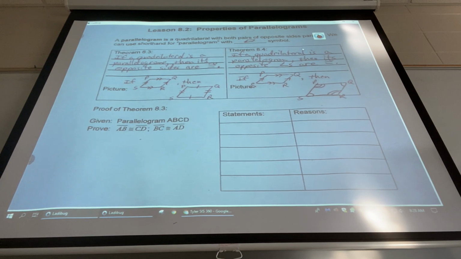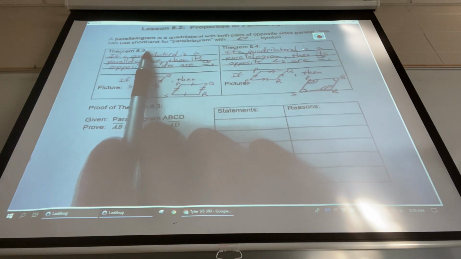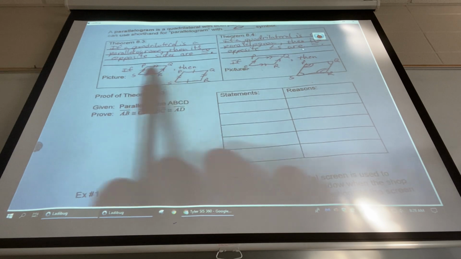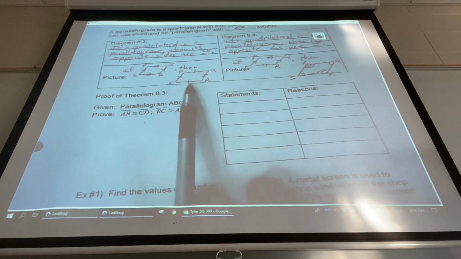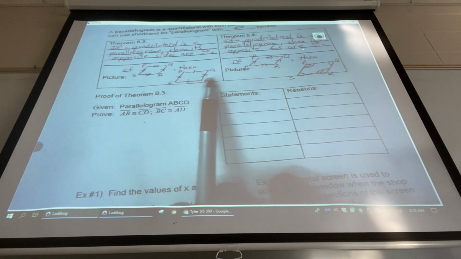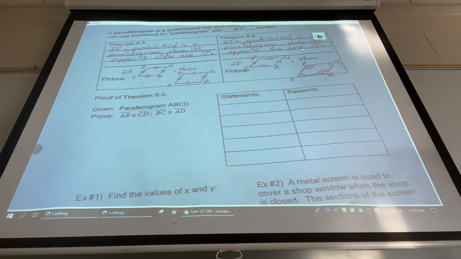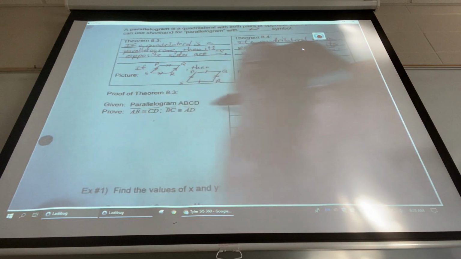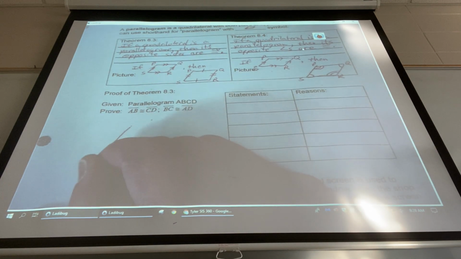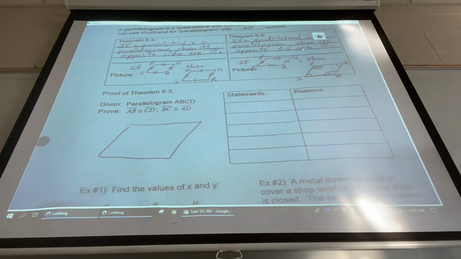But let's prove theorem 8.3. Let's prove that if you've got a parallelogram, then the opposite sides are congruent. And so it says that we're given a parallelogram. Let's draw a picture just to have something to look at here.